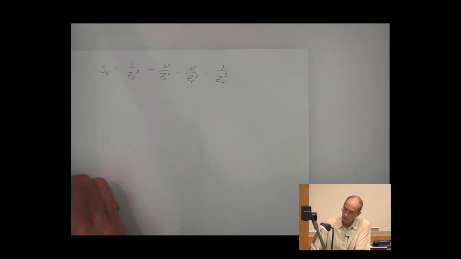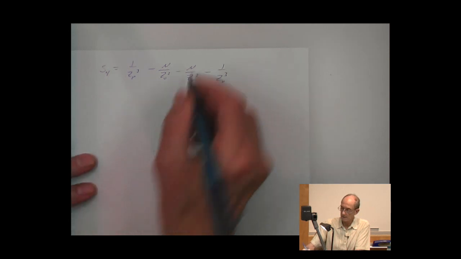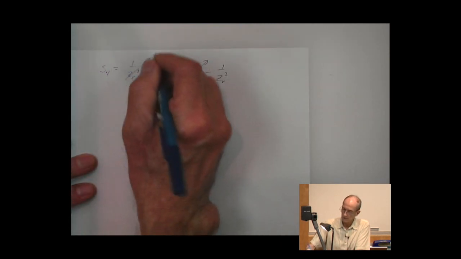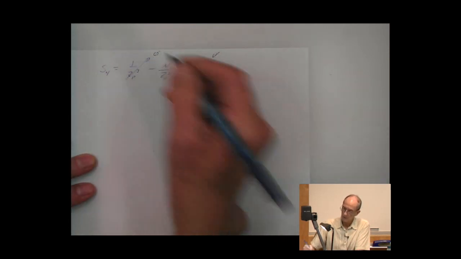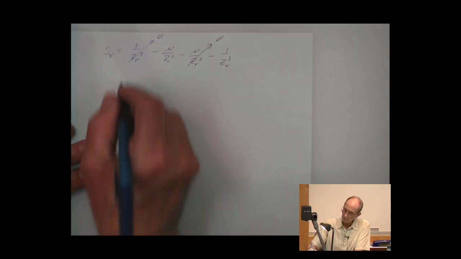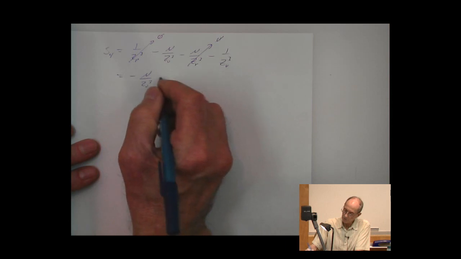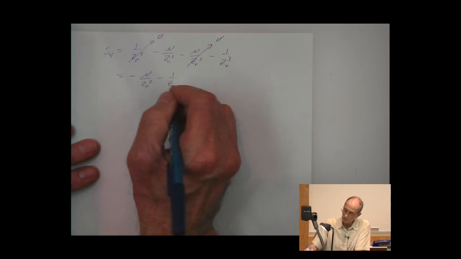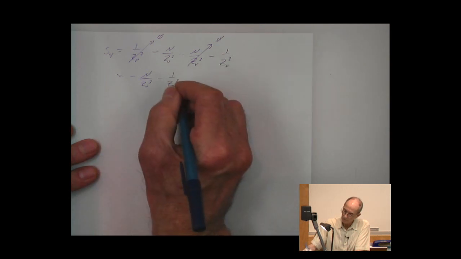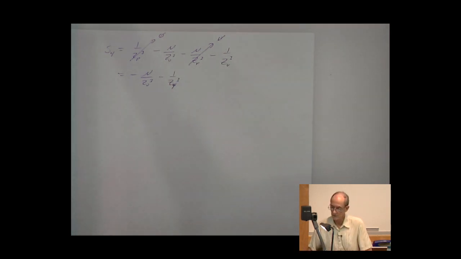All right, so ZP and ZR are at infinity, so these terms are both 0. And so we have minus mu over ZO cubed minus 1 over Z4 cubed. All right, so when does that term go to 0 is basically what I'm asking.